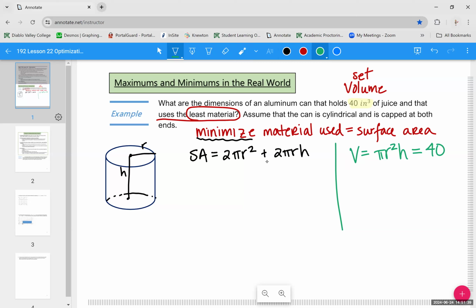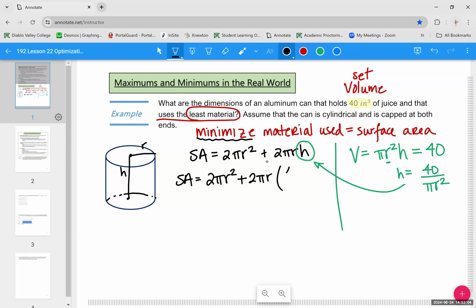The aluminum can is going to have that volume. I think it would be a little harder to solve that for r with the square root, so maybe I'll solve it for h. And then I'm going to substitute that in over here so that my surface area function only has r in it.